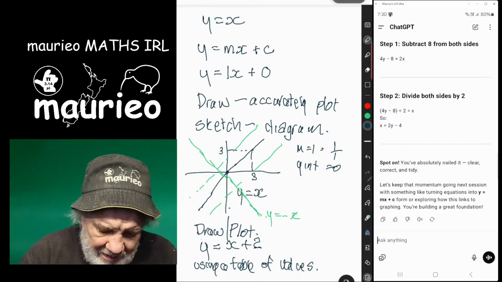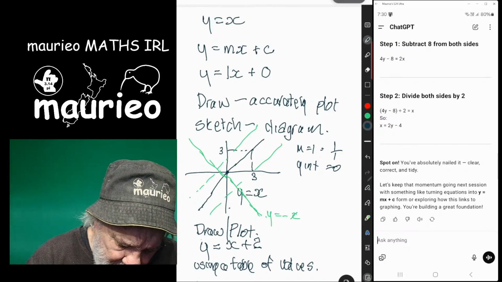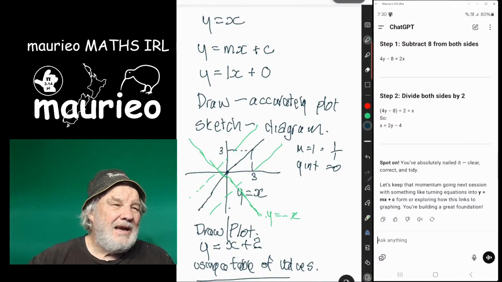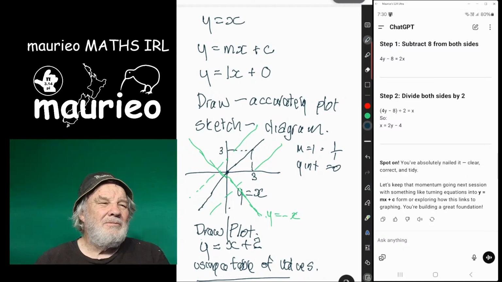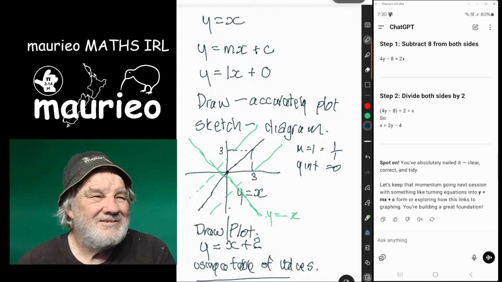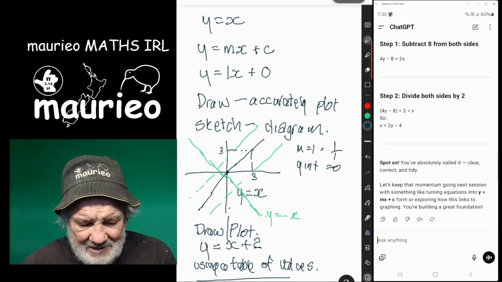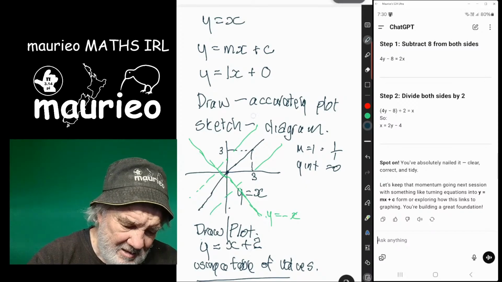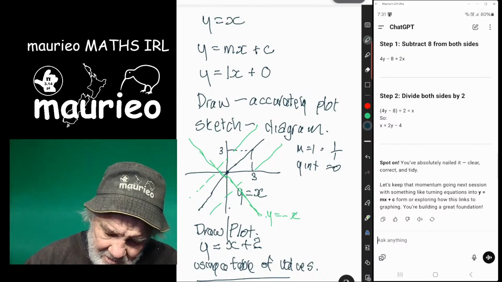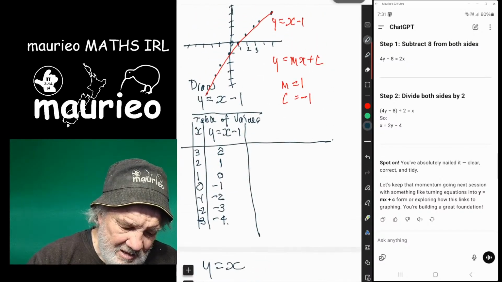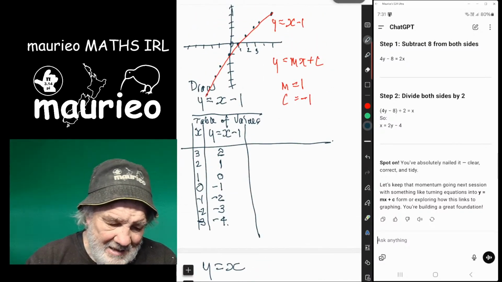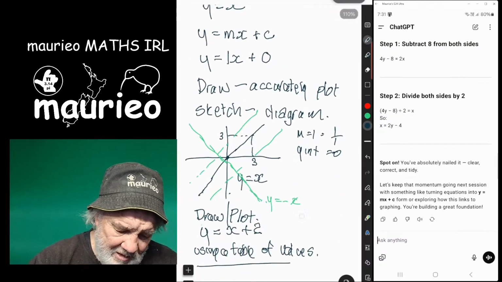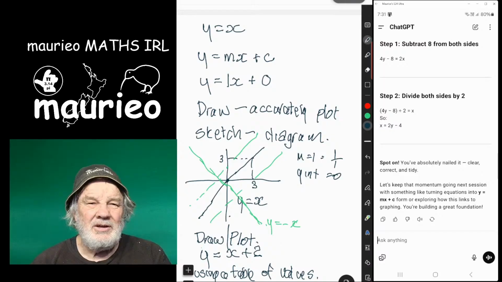That's what we're going to do in the half hour tomorrow, Friday. We'll go through that and see how we can do that using a table of values, similar to what I did here, and then plotting it and showing how that graph works. Y equals x plus 2.